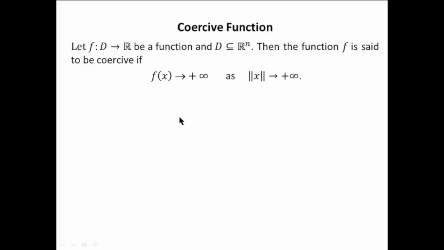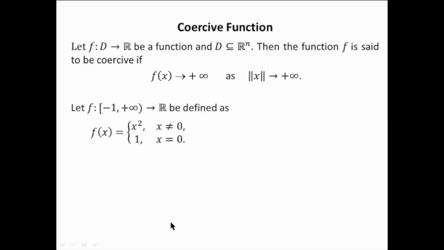Before that, let's see an example. Let me consider this function f defined on the interval from -1 to plus infinity, which is defined like this. Again, this is a discontinuous function and the graph of this function is like this. Is this a coercive function? Let us see. When norm x goes to plus infinity, in the real case, we have two options. Either x can go to plus infinity or x can go to minus infinity.